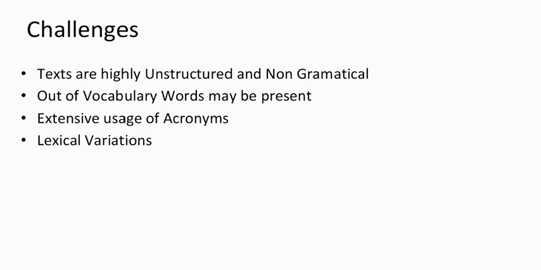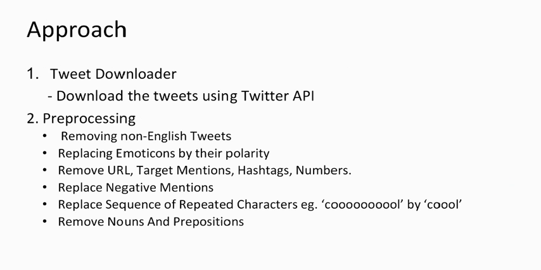So that is also an example for this. So extensive usage of acronyms. So many acronyms may be used. ASAP, which is not in the computer dictionary. ASAP means as soon as possible. But it's not in the computer dictionary. So it could create a mismatch. So also lexical variations may be present. These are challenges which you have to overcome.